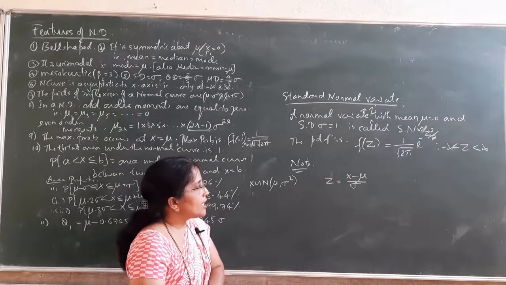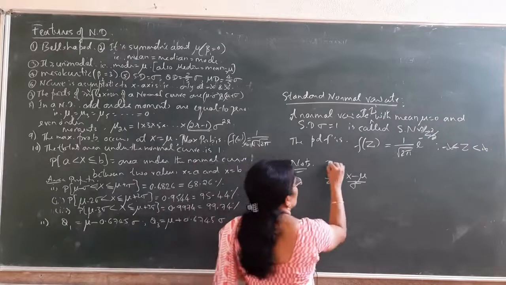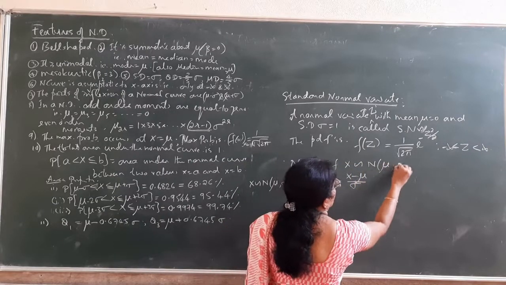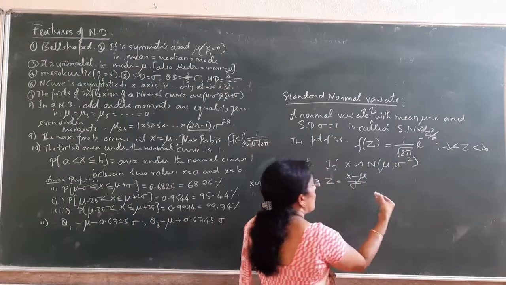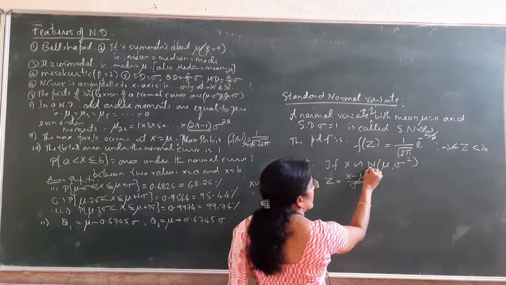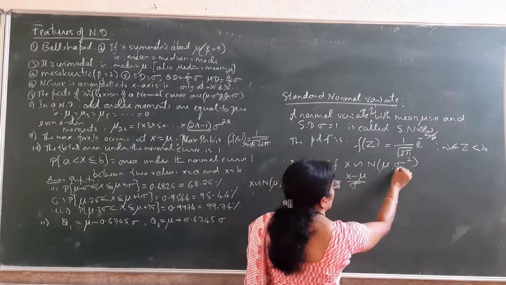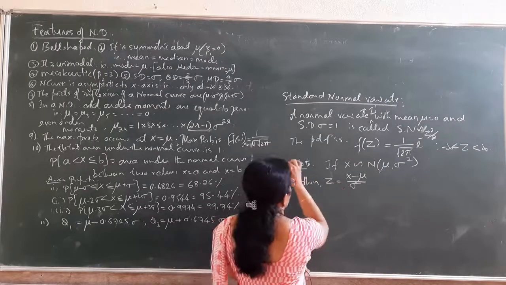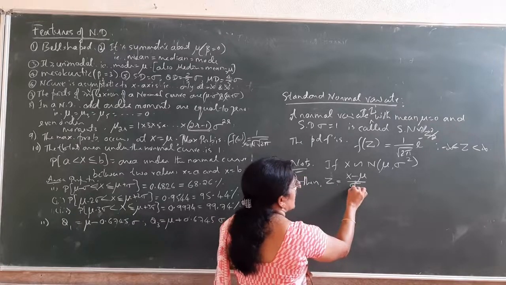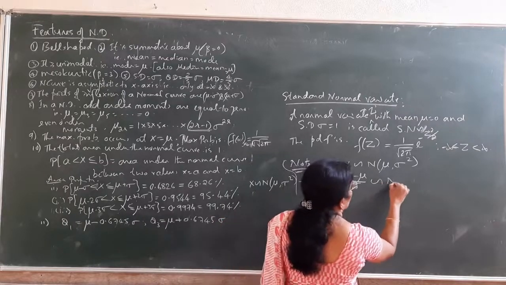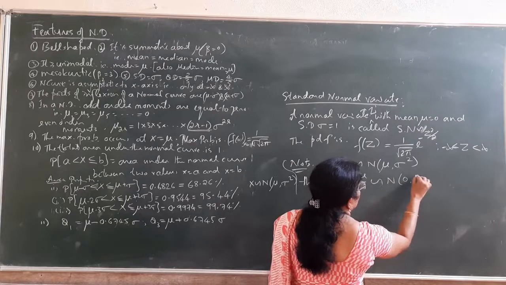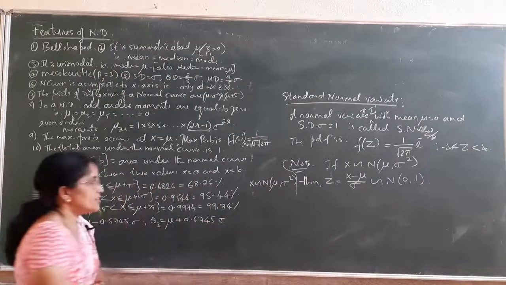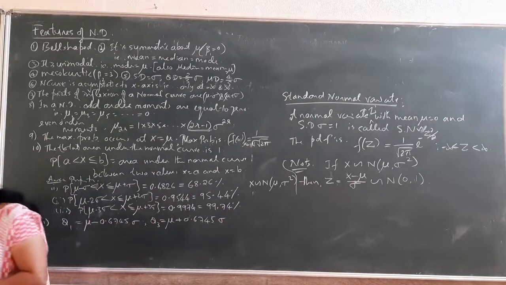That symbolically we can write it as, if x follows normal with the parameters mu and sigma square, or if x is a normal variate with the mean mu and variance sigma square, then always z equal to x minus mu by sigma follows normal with the mean 0 and standard deviation 1. Right?